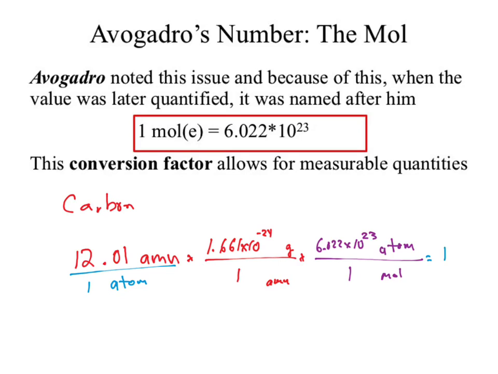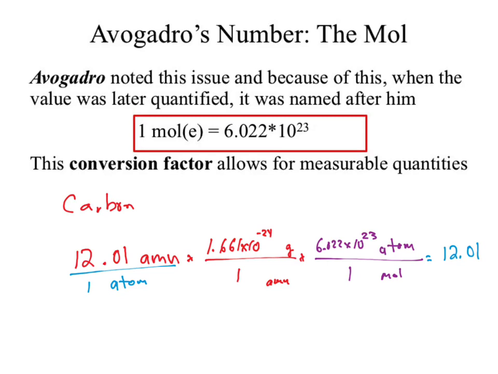And according to our calculation, we get 12.01. Wait, what did we start with? 12.01. The reason we pick a mole is because that scales us up so that we're now at a measurable mass.